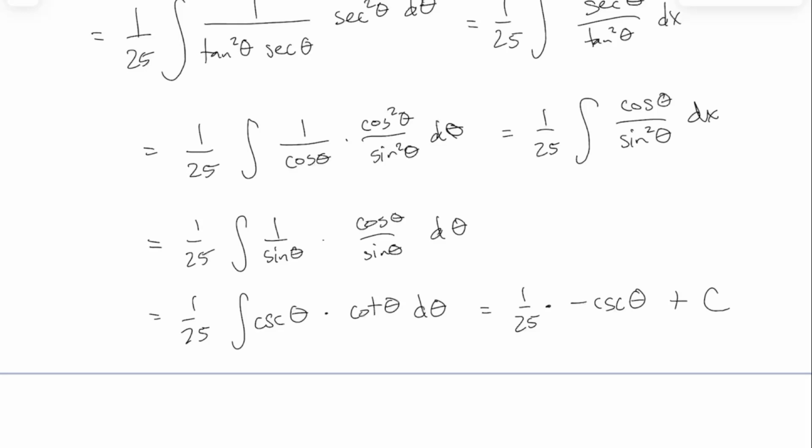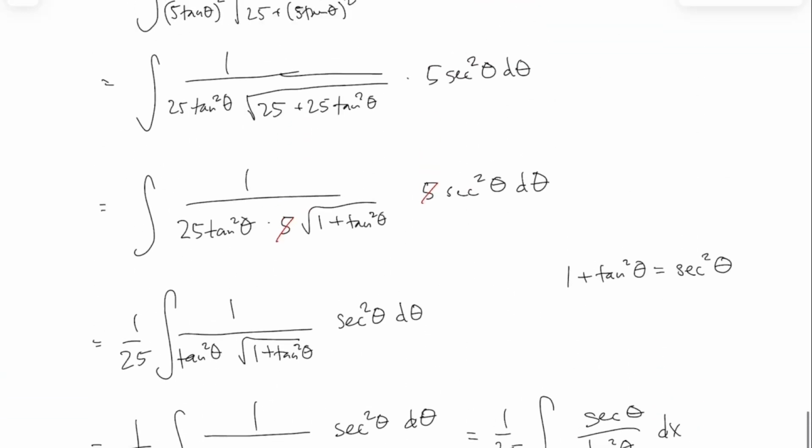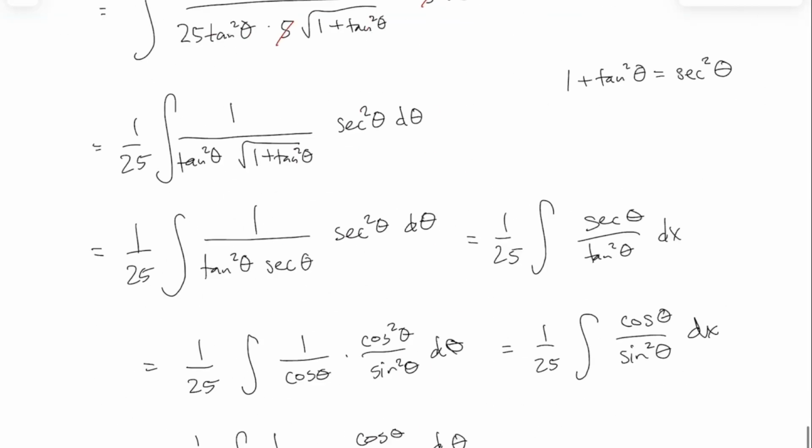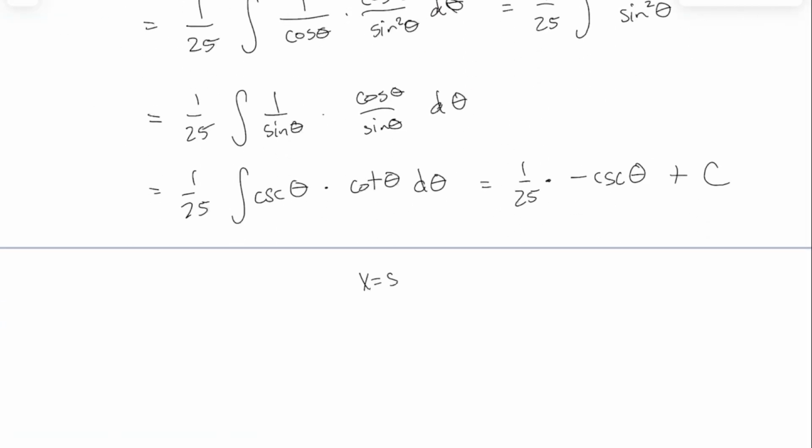All right, anyway, can we just finish off this right here? I should rewrite in terms of the original variable. So the original variable was x, remember my original substitution? X equals 5 tan theta. So to solve for theta here, I would divide by 5. X over 5 equals tan theta.